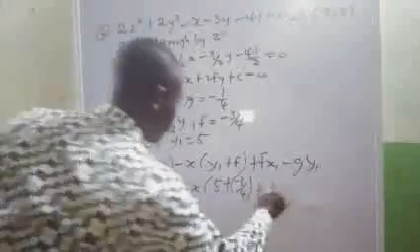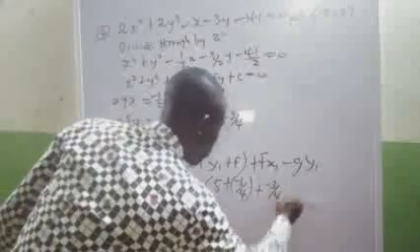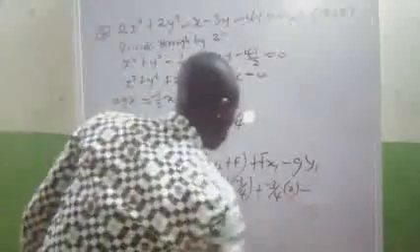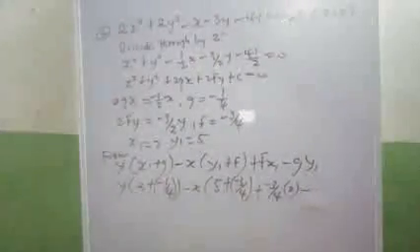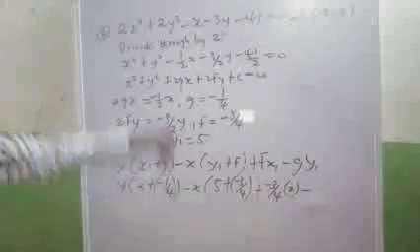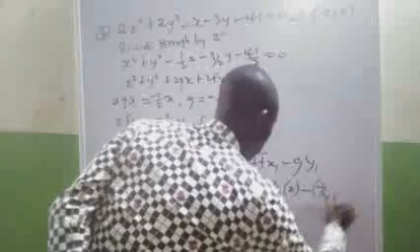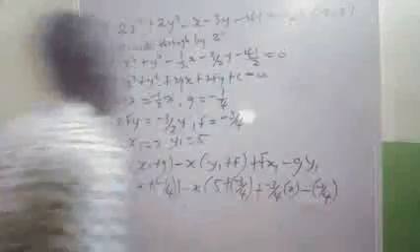Plus f, which is minus 3 over 4, bracket x1 is 2, minus g, which is minus 1 over 4, times y1, which is 5.